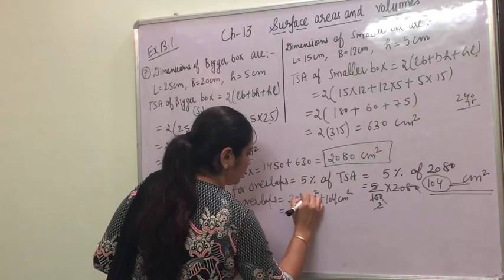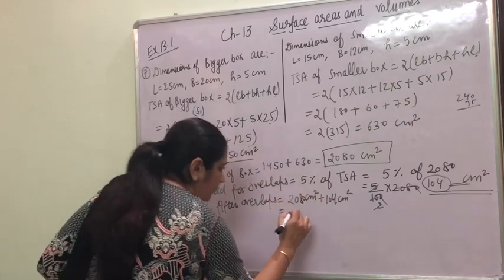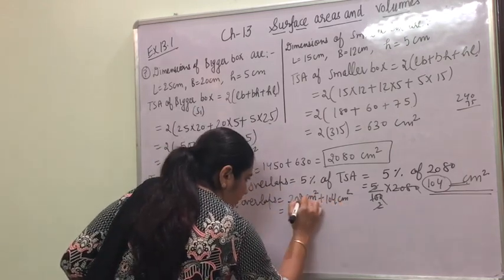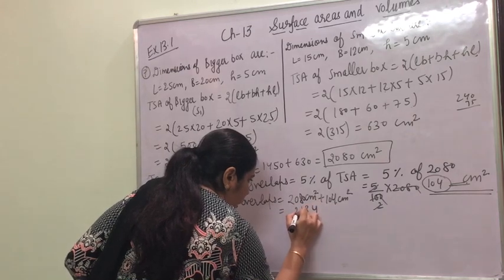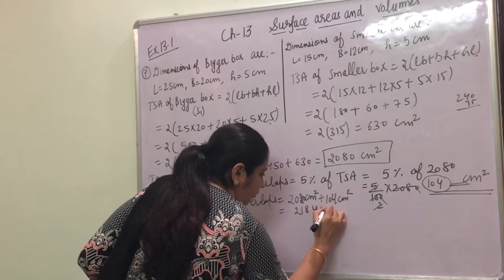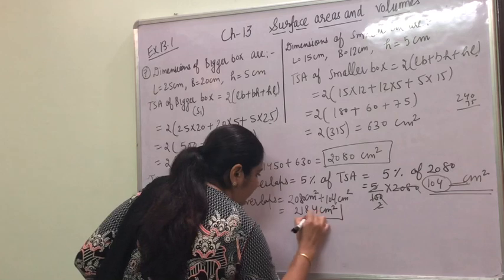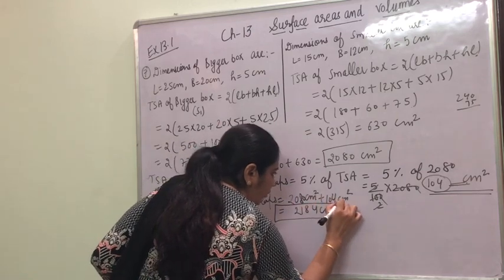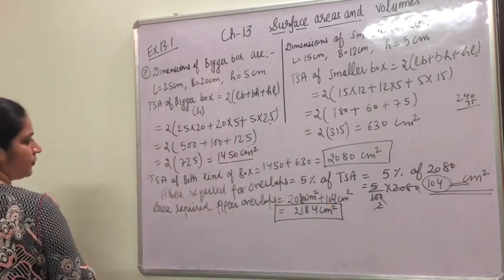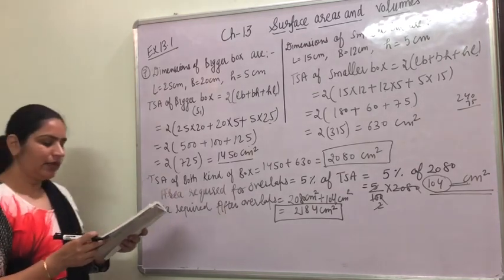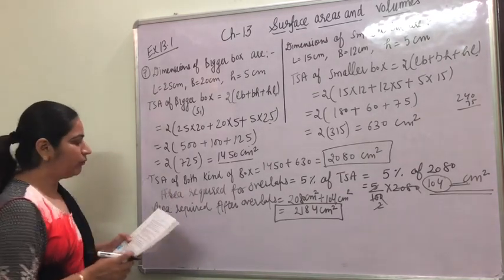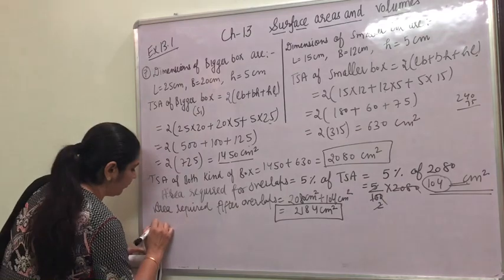Now we'll add them up. 4, 8, 1 and 2. 2184 centimeter square area is required after overlapping. Now here in the last line they are saying there are 250 such types of boxes. Number of boxes are 250.